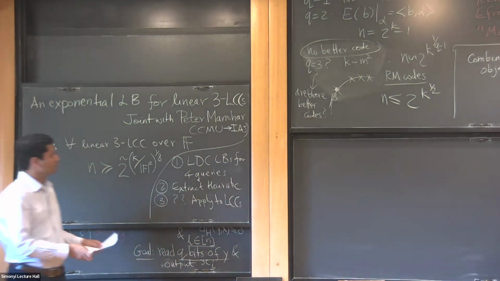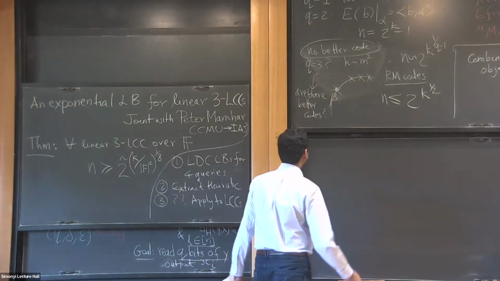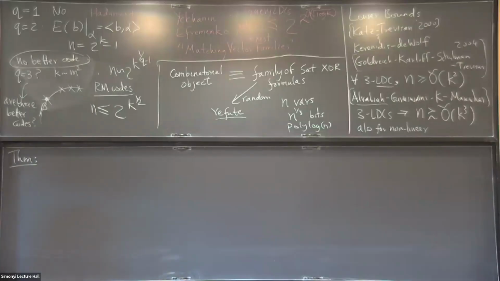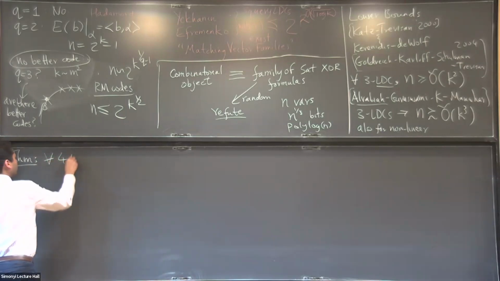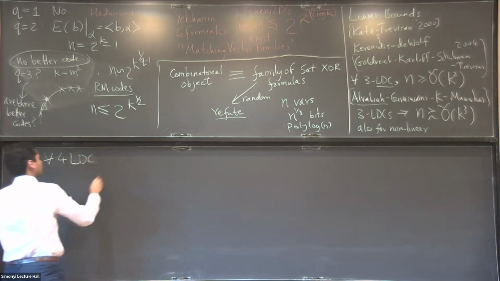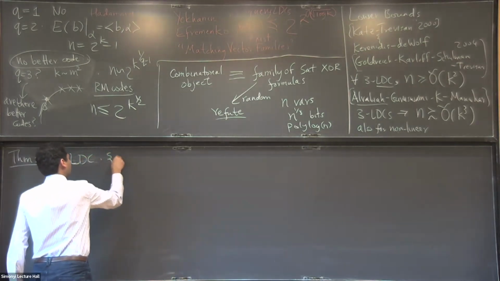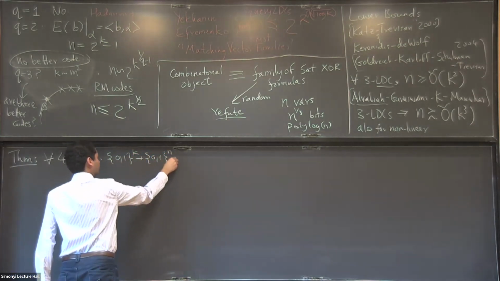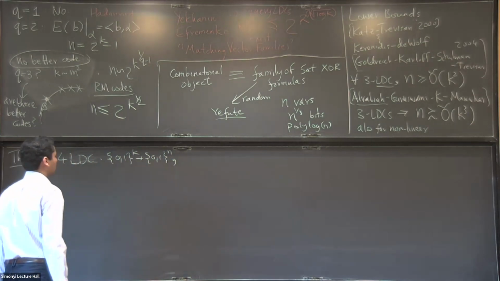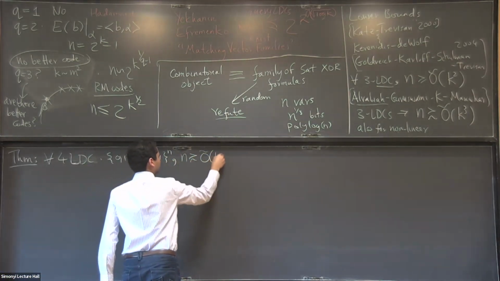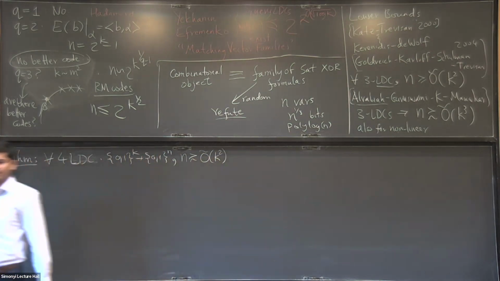Here is what I'm going to prove for you in the next 15 to 20 minutes. I'm going to prove that for every 4-query LDC, n must be larger than k squared.